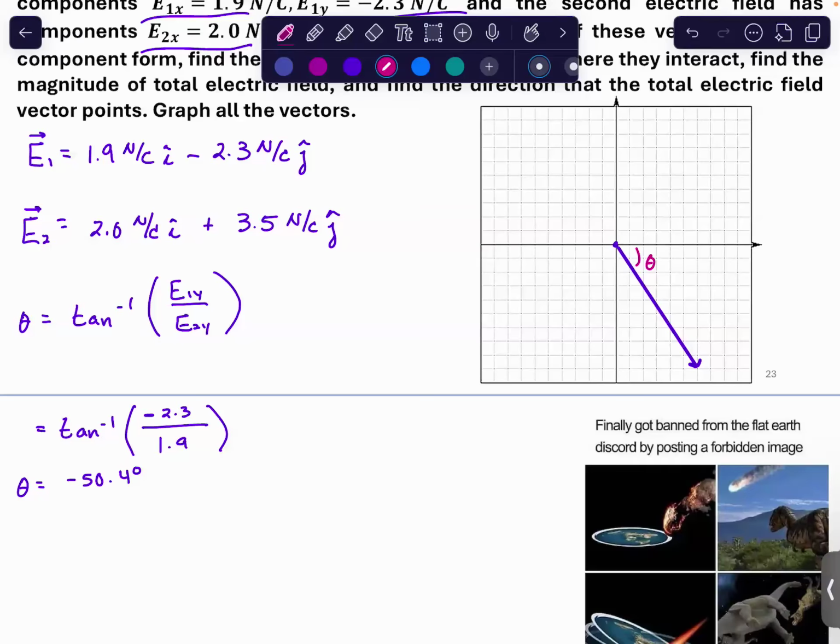It's greater than 45, so it has to be the larger angle. As we practice with this, you'll get better at it. The other, E2, if you can work it out, goes up at about 60.3 degrees. So a little bit steeper. So now we want to work out E total.